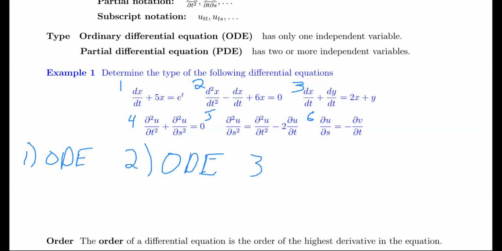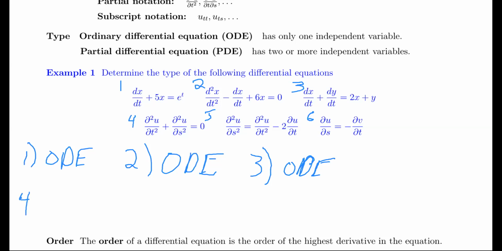Number 3, same thing. We have only one independent variable, so we have an ODE, as in, we are only taking the derivative with respect to one variable, t. So that's an ODE.